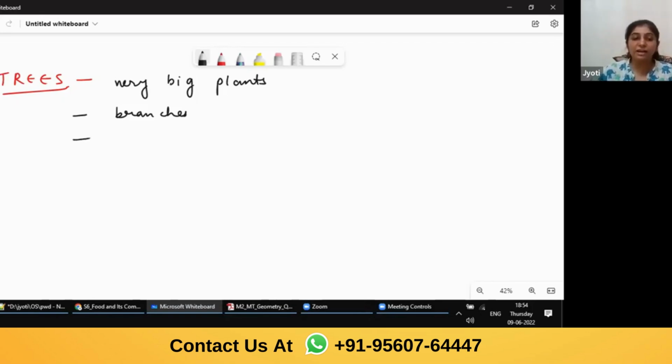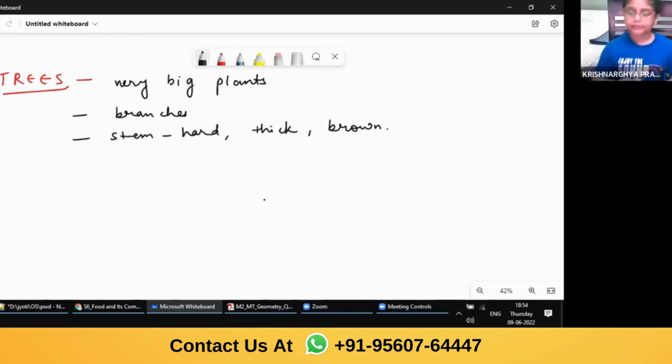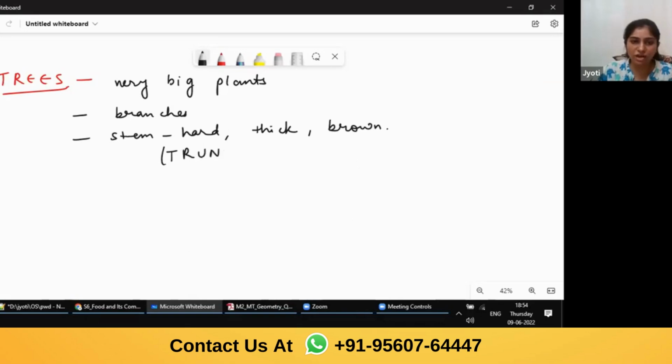Then their stem is hard, thick, brown, also known as, can anyone tell me the other name of this stem? Raise your hand. The other name for the stem of the trees. Yes, Krishna. Ma'am, it is trunk. Yes, also known as trunk.